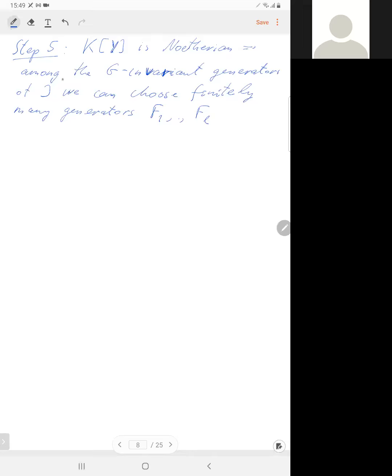And let's write them as follows. F_i is the sum over j of F_ij tensor H_ij. So here the F_ij are G-invariant elements of the field, and the H_ij are regular functions on Y.